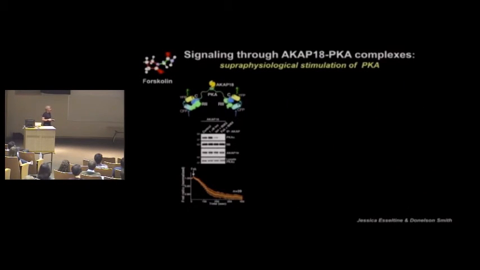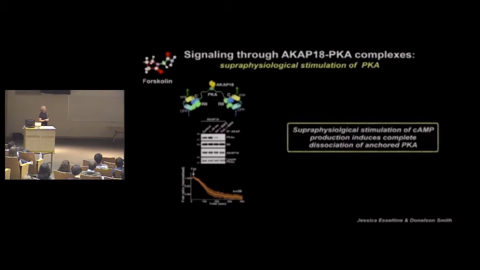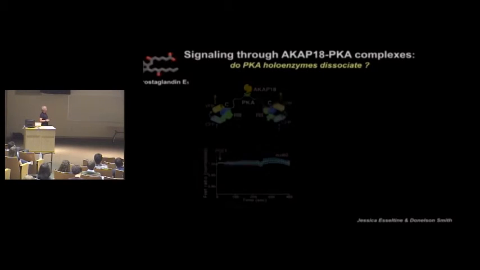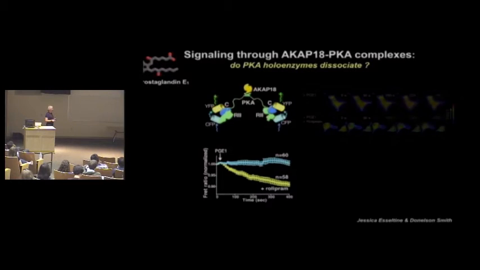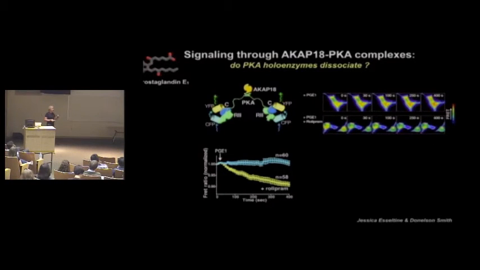So just to conclude with this, we've gone back to another agonist, which I'll show you in a moment. This is prostaglandin E1, which is a very well-used physiological agonist, and I'll show you basically the same data as I showed you before, where under these conditions with a second physiological agonist, we see exactly the same effects in terms of release of the catalytic subunit from the anchor complex.